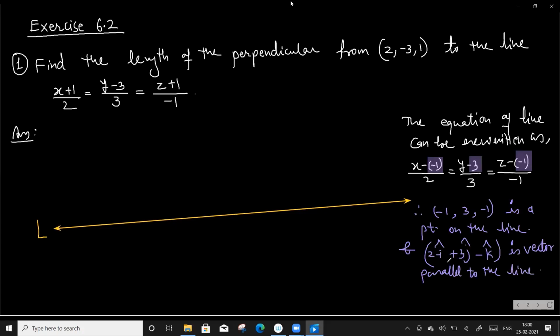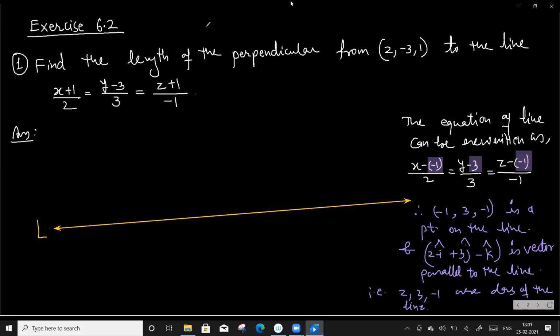Either you can write this, or you may write that 2, 3, minus 1 are DRS of the line. They are DRS of the line.